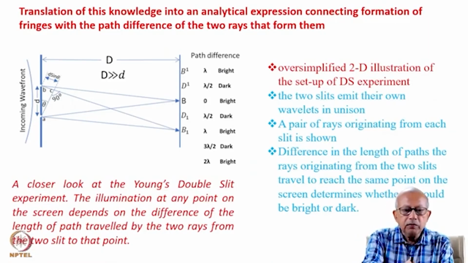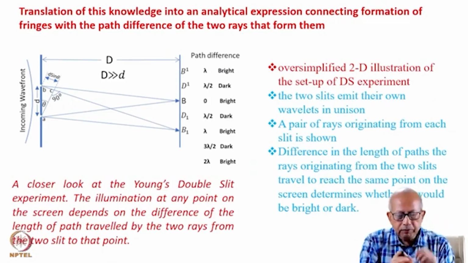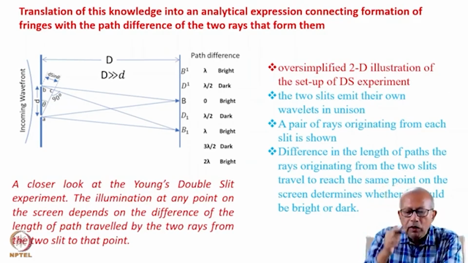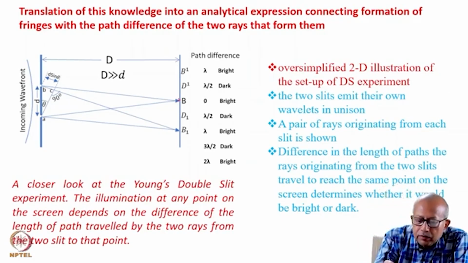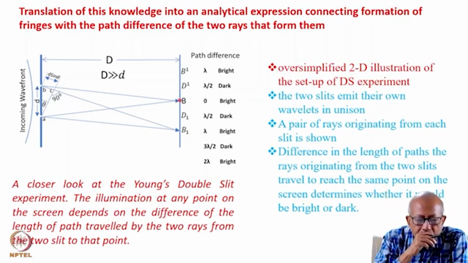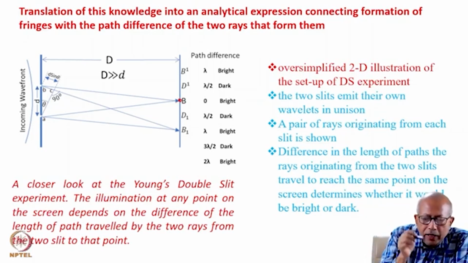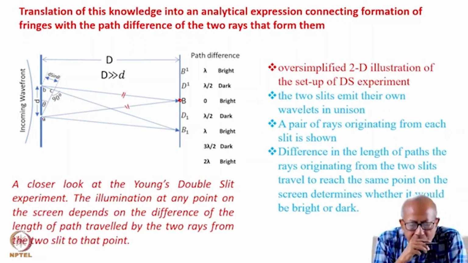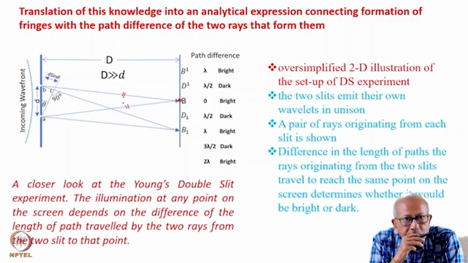For this, we take another closer look at Young's double slit experiment. Let us consider first this bright fringe. Now see, the two rays which have originated from the two slits, like this ray and this ray. Obviously, being equidistant from the two slits, they have traveled equal distance.